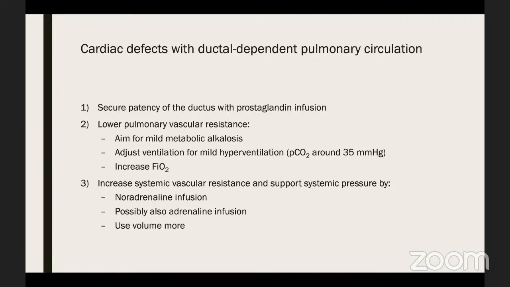So we can lower the pulmonary resistance by aiming for mild metabolic alkalosis, trying to adjust the ventilation for mild hyperventilation, and increase the FiO2 supplement. We can increase the systemic vascular resistance and support systemic pressure by norepinephrine infusion if required. And sometimes we can use an epinephrine infusion and more volume.